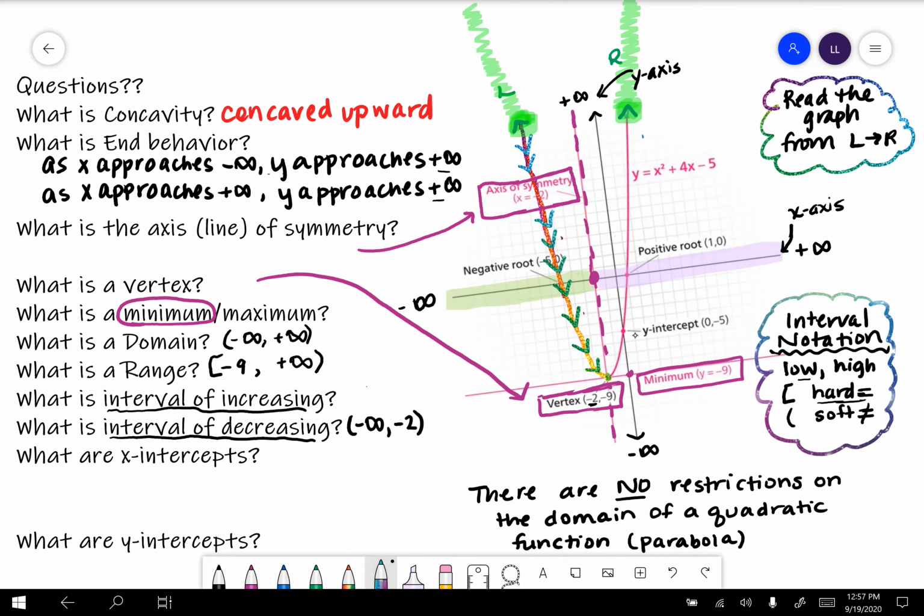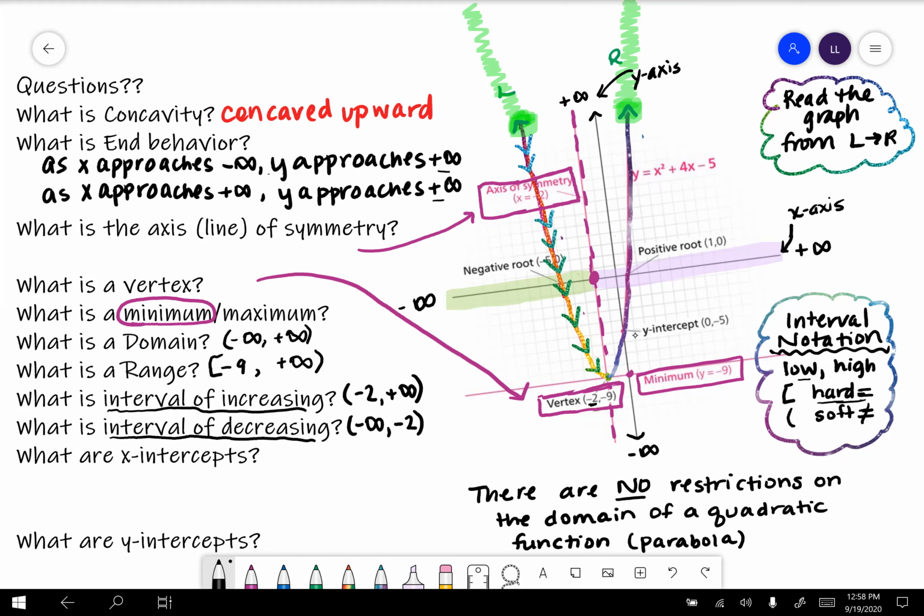And if we pick up where the vertex left off, we start to increase again. So the right side of our graph is increasing from -2 to positive infinity. So the interval of increasing is -2 to positive infinity.